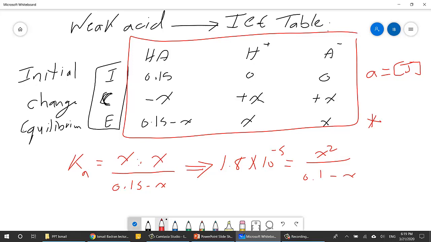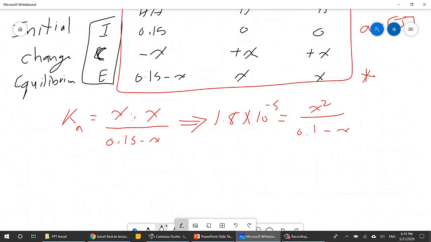Now this equation, if you solve it out, you're going to get into a quadratic equation that might be a little bit difficult to solve. But here we're going to do some approximation.